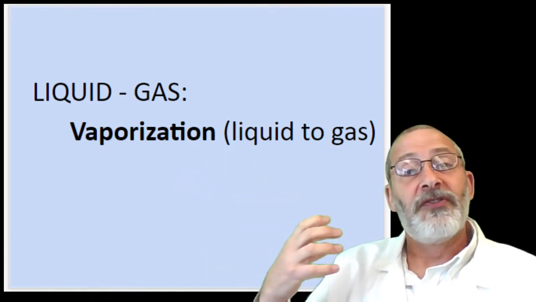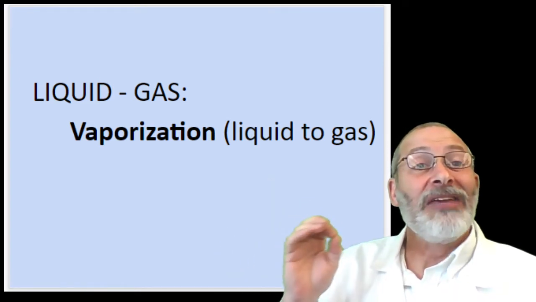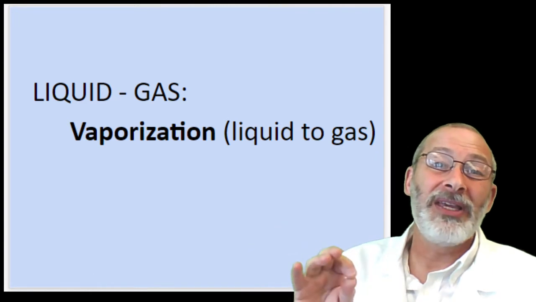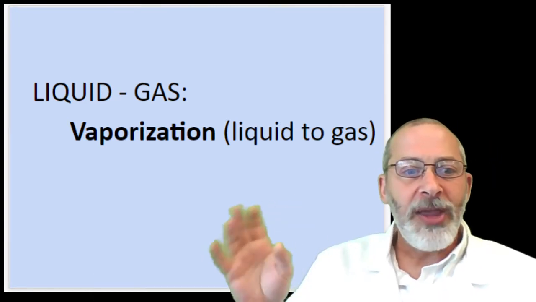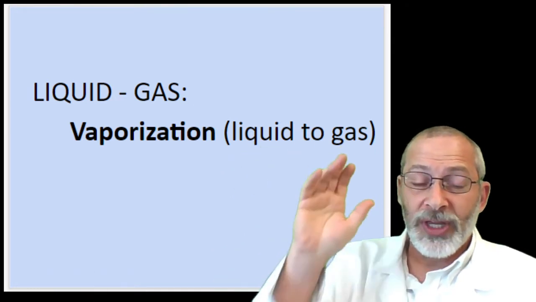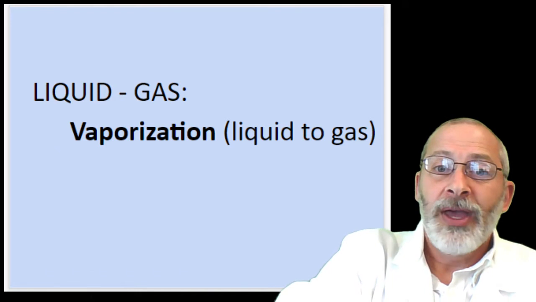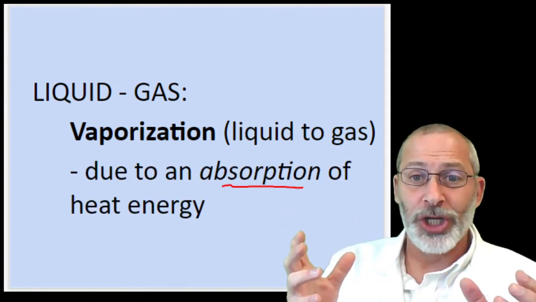Vaporization is the phase change going from a liquid to a gas. Evaporation is basically vaporization just on the surface. So vaporization, again, going from a liquid to a gas, requires a change in heat energy.